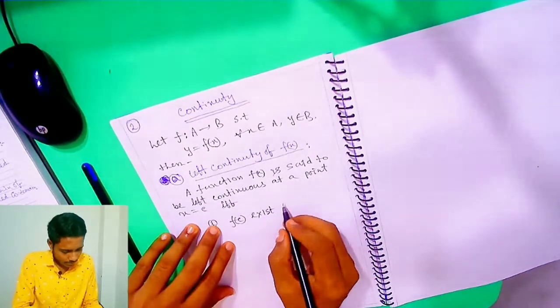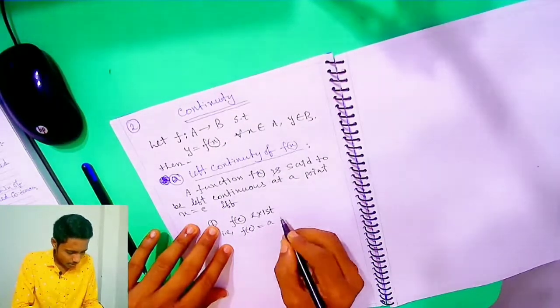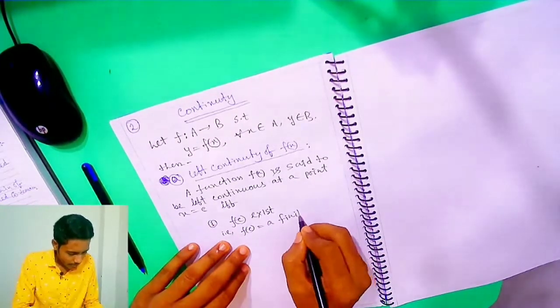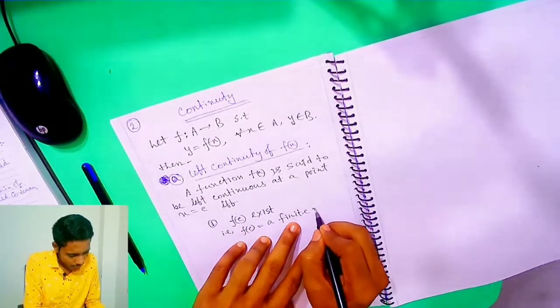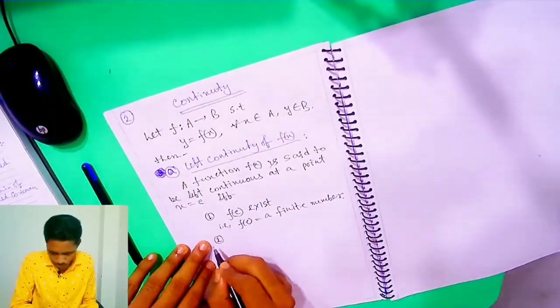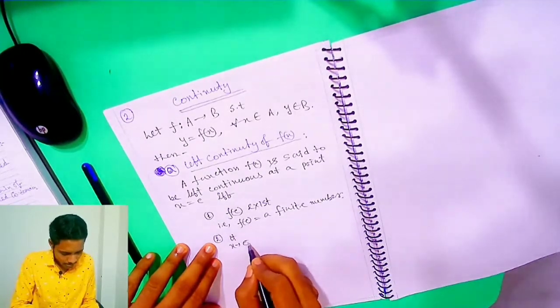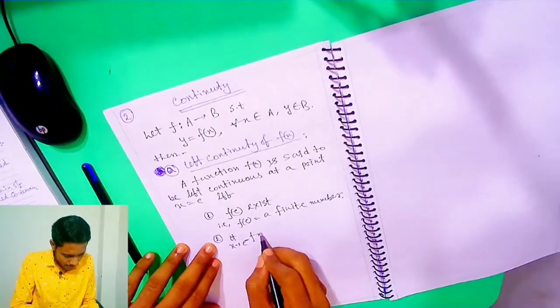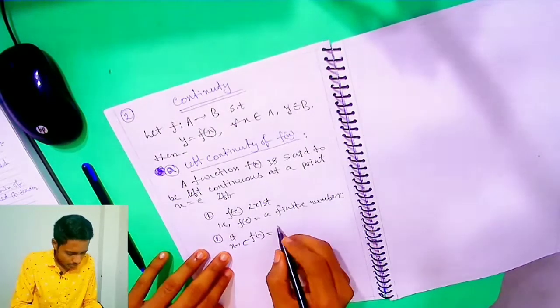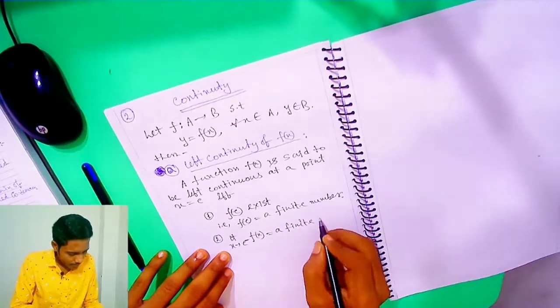that is, f(c) is equal to a finite number. Second, limit x tends to c minus of f(x) is equal to a finite number.